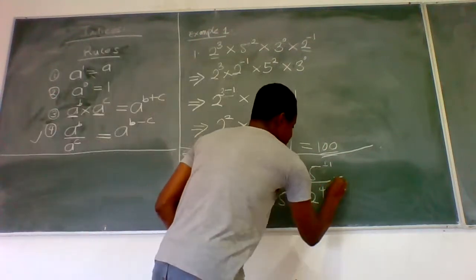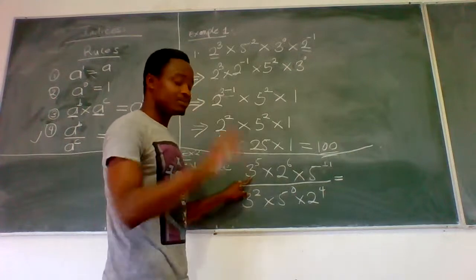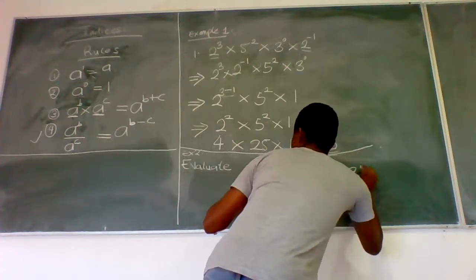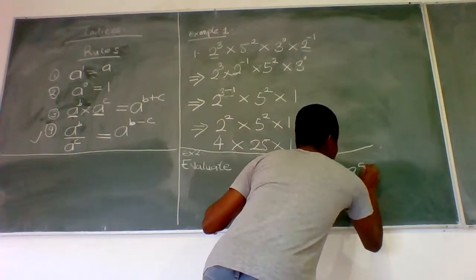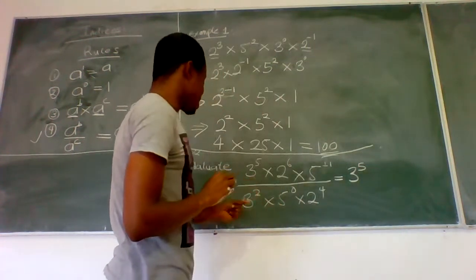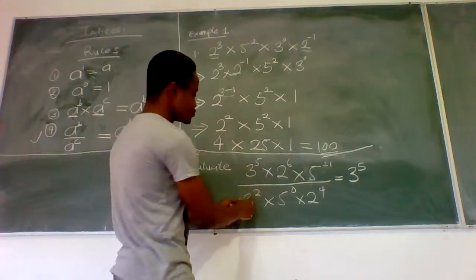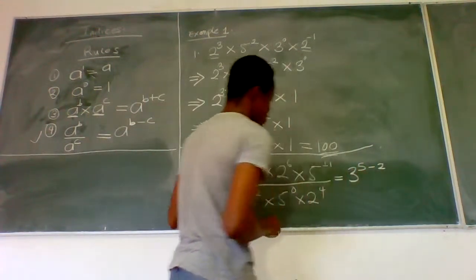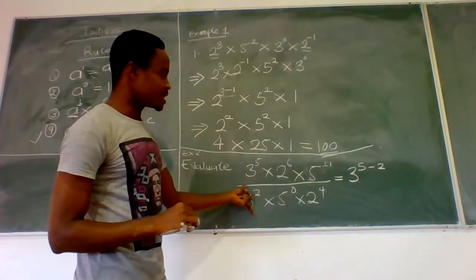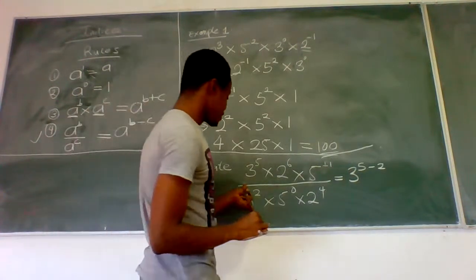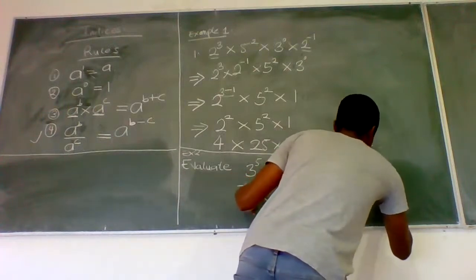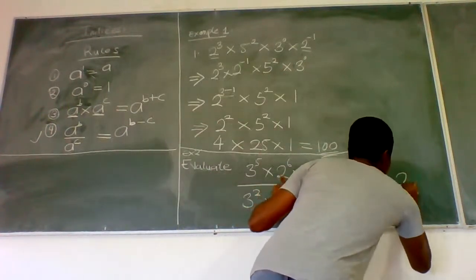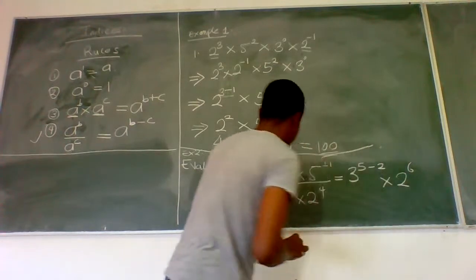So this one can be written as, first of all, you keep the numerator, so it's 3 exponent 5, and then the denominator. So we subtract the exponent, so we have minus 2. So we are done with 3. Let's move on to 2. So you have 2 exponent 6. Let's check the denominator.